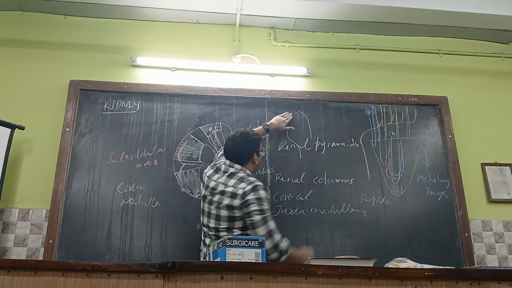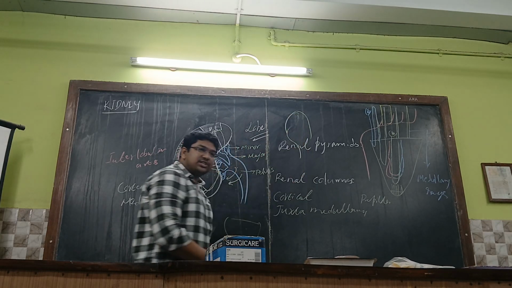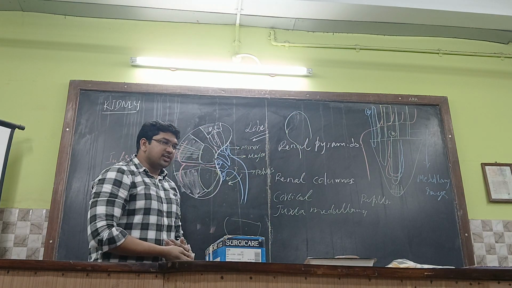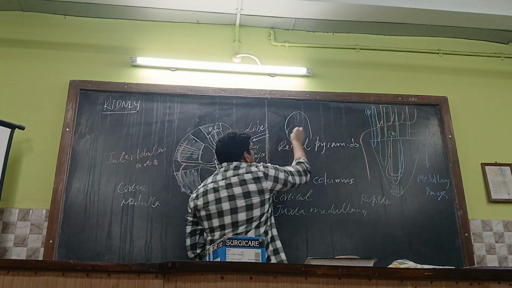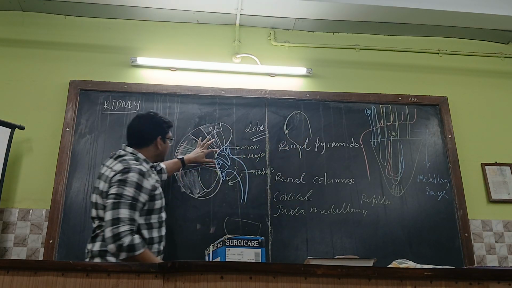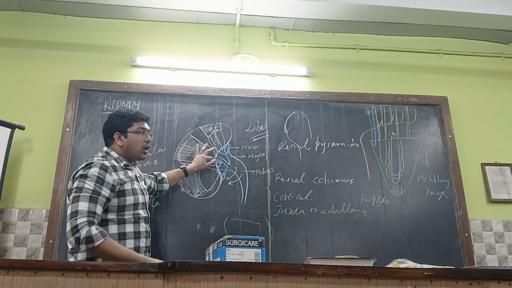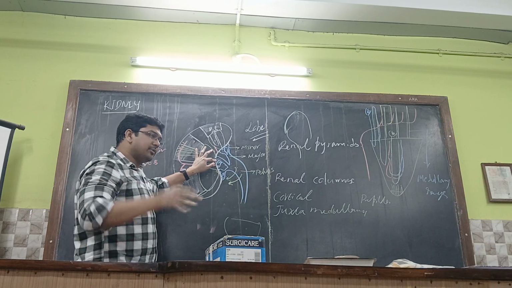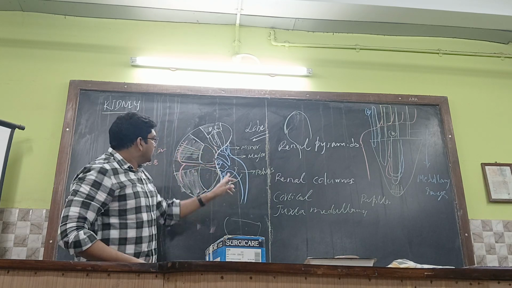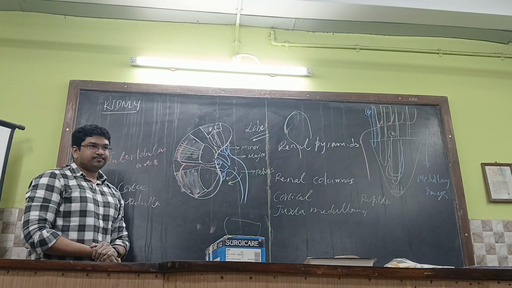But this will become convex in certain conditions. Initially it is concave, and it will become convex. In what situation will these become convex over here?